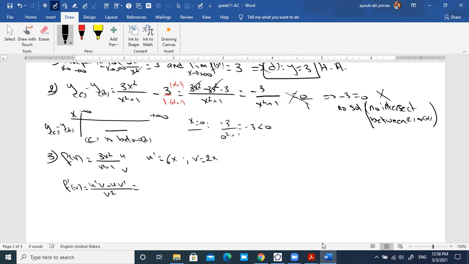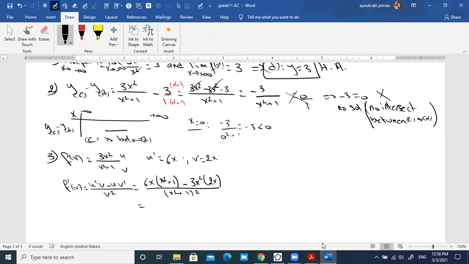It is equal to: replace u prime 6x times v, which is x squared plus 1, minus u, which is 3x squared, times v prime 2x, over v squared, which is x squared plus 1, all of it squared.